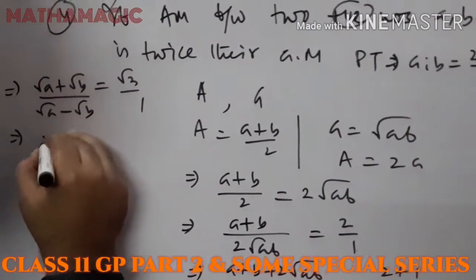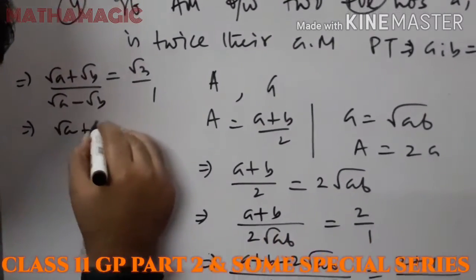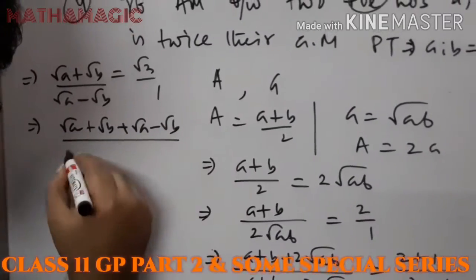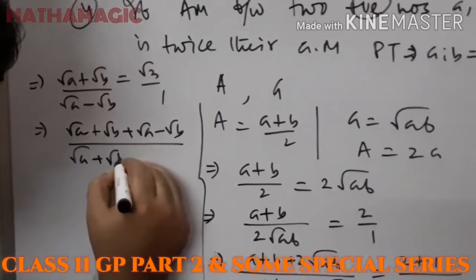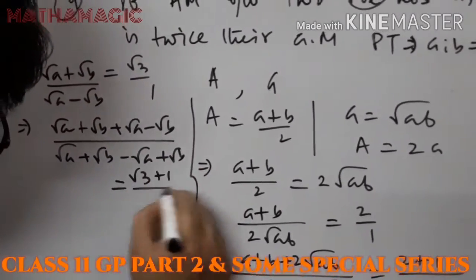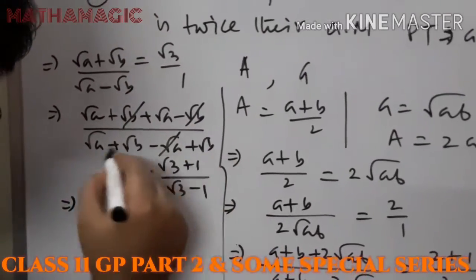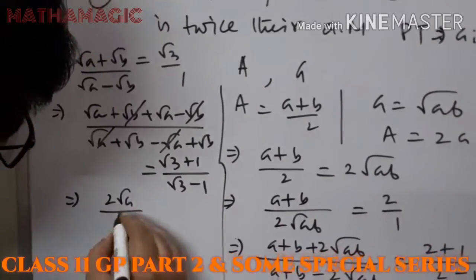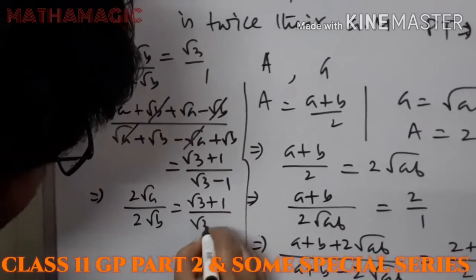It will be root A plus root B plus root A minus root B divided by root A plus root B minus root A plus root B equals root 3 plus 1 divided by root 3 minus 1. So root B cancels, root A cancels, it will be 2 into root A divided by 2 into root B equals root 3 plus 1 divided by root 3 minus 1.